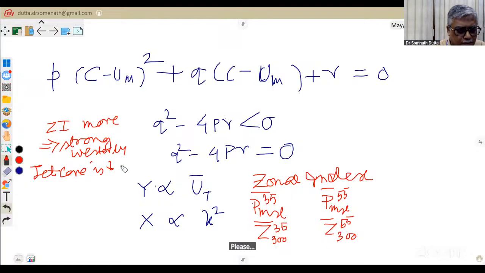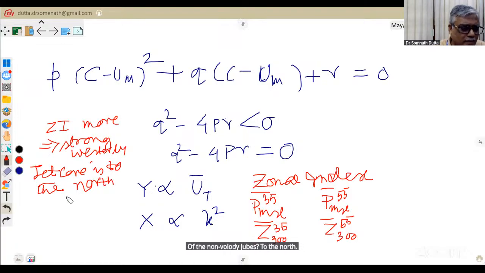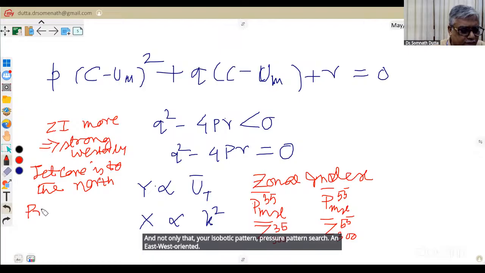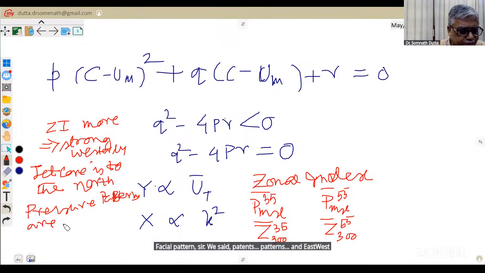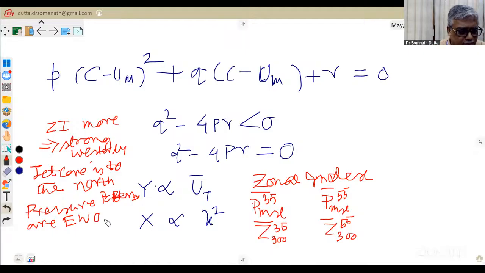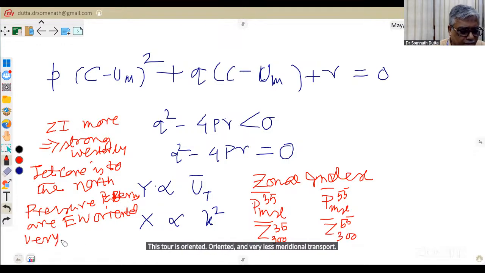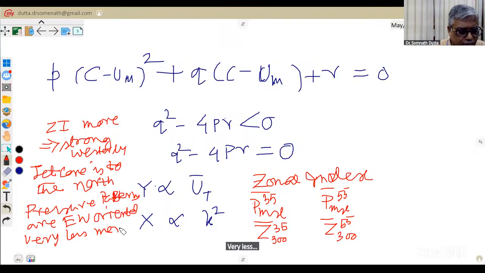And not only that, your isobaric patterns, pressure patterns, are east-west oriented, and there is very little meridional transport. So this is the characteristic of high zonal index.